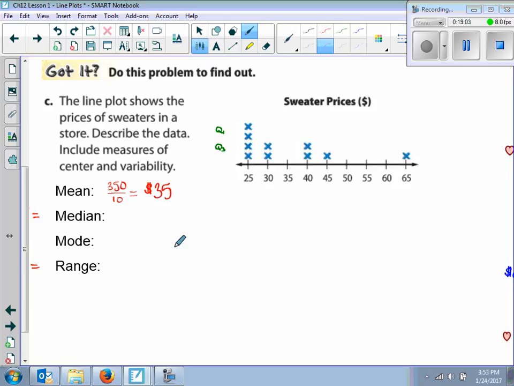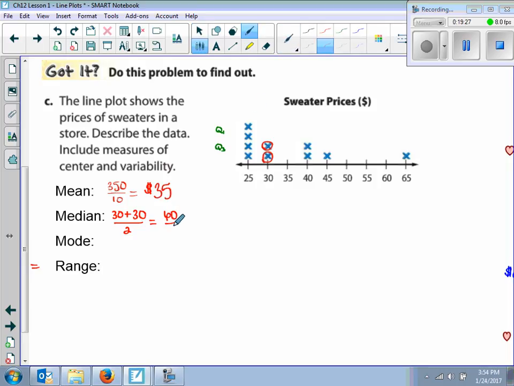The median. Now, this is, let's see, 10 numbers. So the median, 1, 2, 3, 4, 5, and 1, 2, 3, 4, 5. It's between the 2 30s, right? So, to find the median, we have 30 plus 30, which is 60.